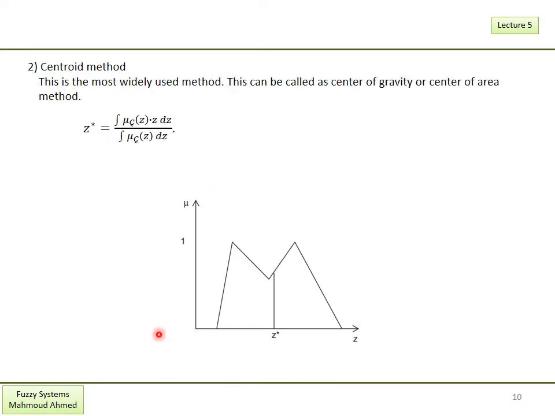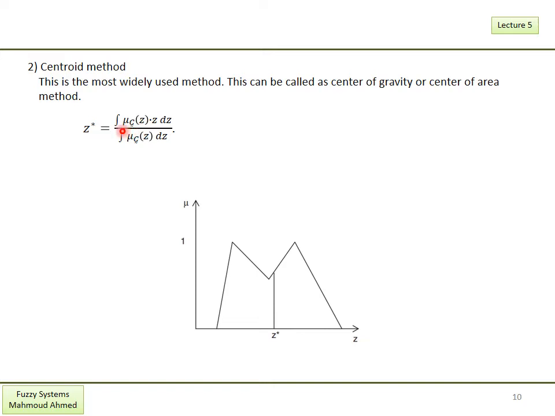Second method is called the centroid method. This is the most widely used method and can also be called center of gravity or center of area method. This can be calculated using the integration of the fuzzy membership function.